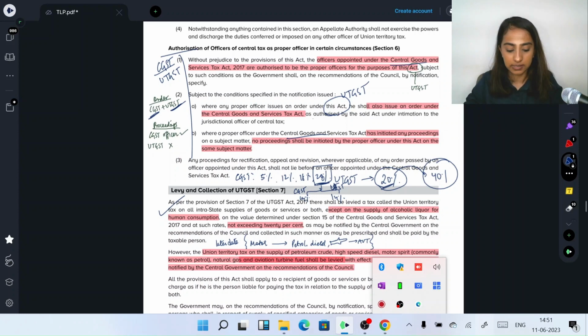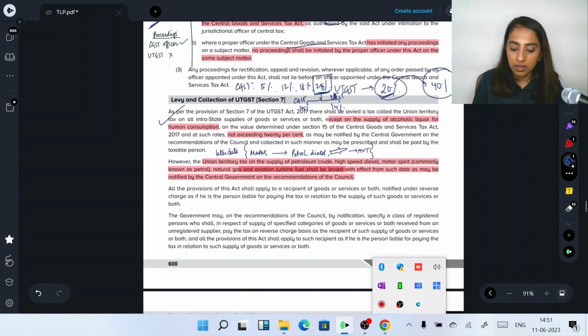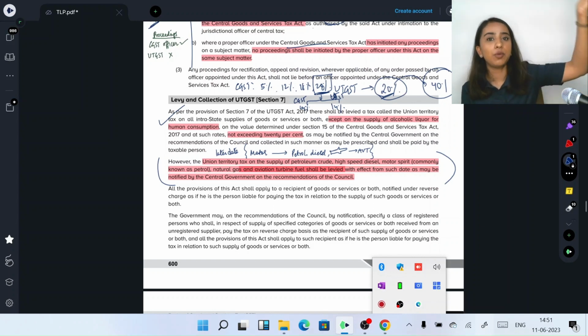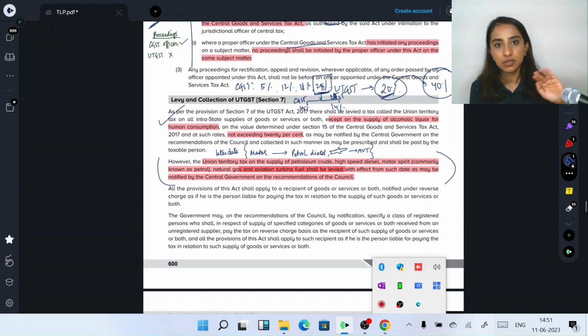Are we good? Yes. Now they're saying right now petroleum crude, motor spirit, high speed diesel, natural gas and ATF are not covered under GST, right? It is still under the state excise. It is not covered under the purview of GST, but later at a certain point of time they can levy GST on this, correct?